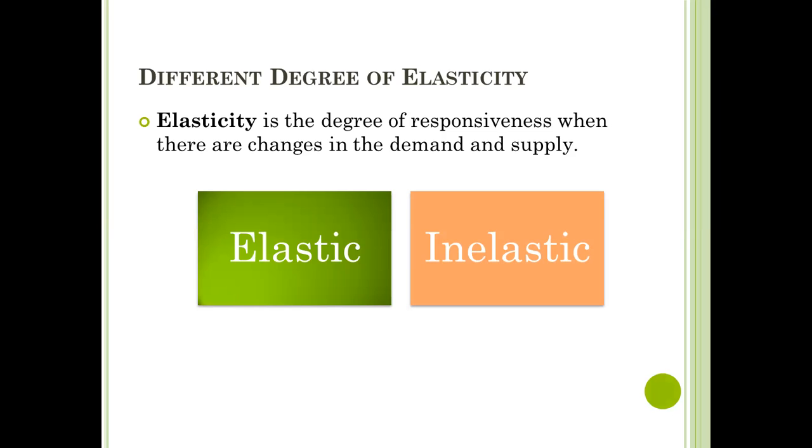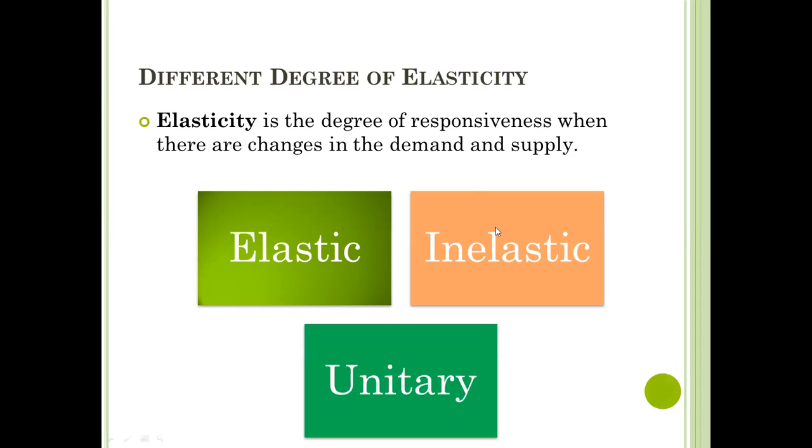In mathematical equation, it is always less than 1, and perfectly inelastic demand or supply occurs when there is almost no change in quantity demanded or quantity supplied because there is no close substitute for the product. So once again, for elastic, there is a greater change. Meanwhile, in inelastic, there is a lesser change.